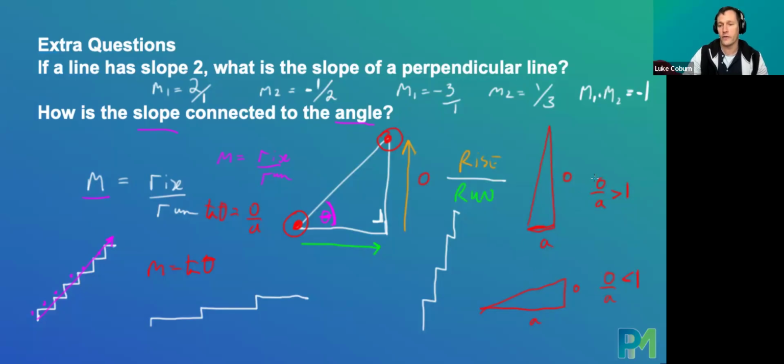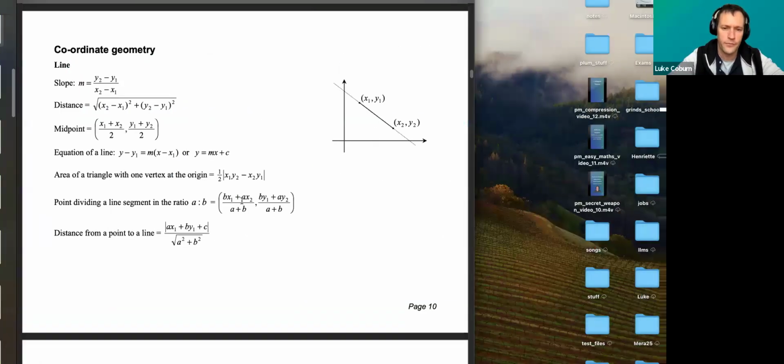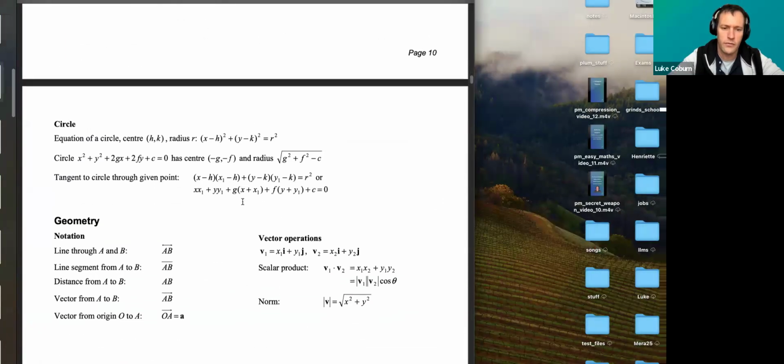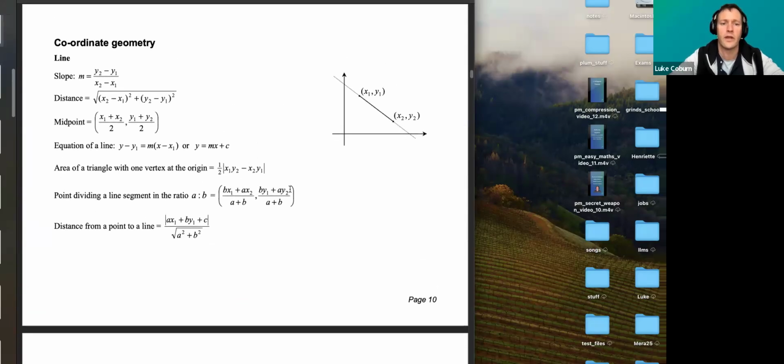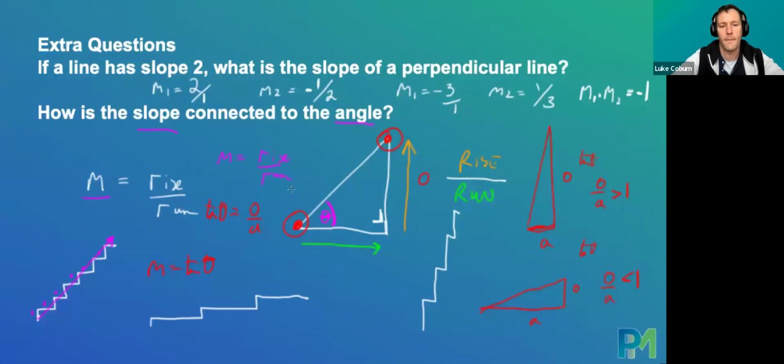And those are tan theta and tan theta. So these things are connected together, okay? And there is a formula in the book, which I don't think is given to you, it might be one of the ones that's not given. But there's another one where if you're given 2 lines and you have the slope of the 2 lines, then you can get the angle between the 2 lines.